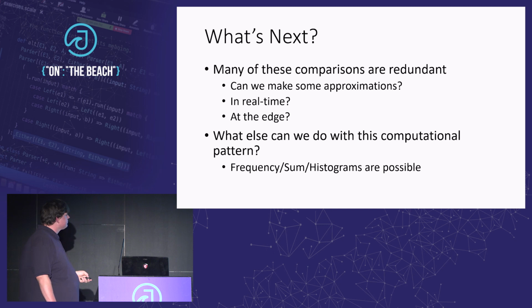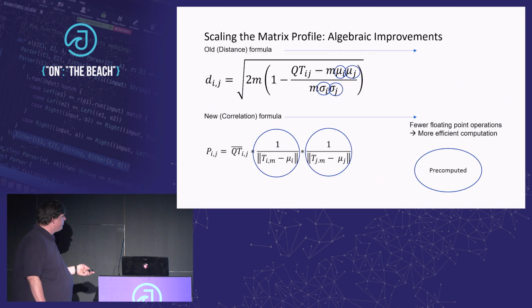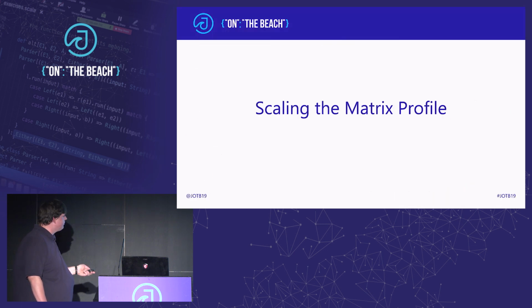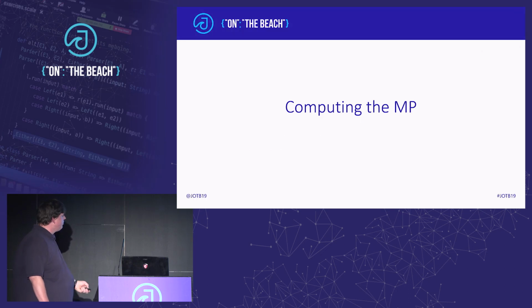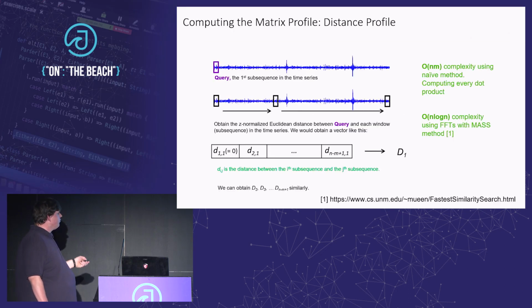So what's next? A bunch of these calculations are actually redundant, right? So if you think back to the original time series, this is actually earthquake data, but a lot of this signal is seismic noise. A lot of this signal is the same earthquake.